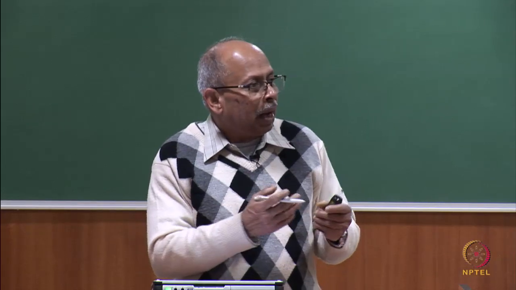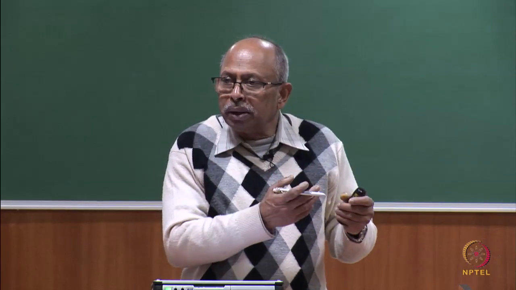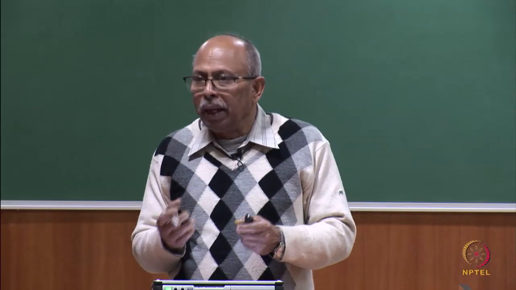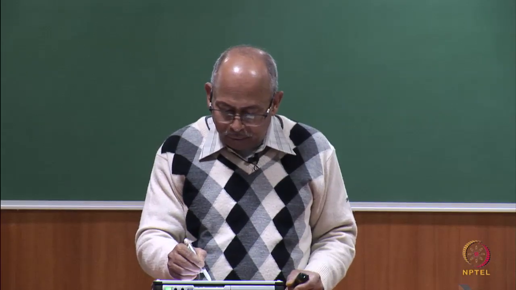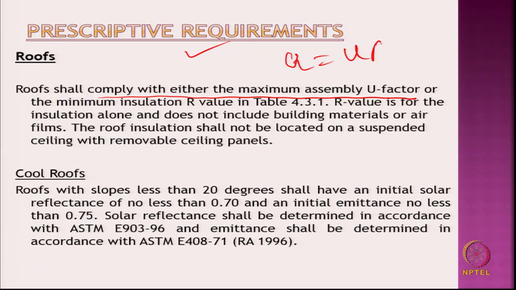That means, I have high U value somewhere, there will be low U value elsewhere, because the amount of heat that will come in is equal to U into area into delta T, that is what we talked about for opaque bodies, and delta T is the temperature difference between outside and inside at a given instantaneous heat flow.